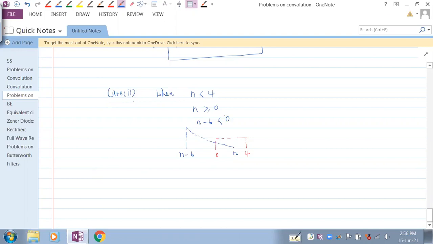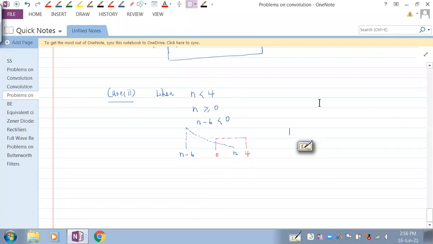Everybody understand that? Which case is this? When n comes and stands, when n is greater than or equal to 0, there is overlap. So that means n is also less than 4. Or in other words, this n minus 6 will always be less than 0 when n is greater than or equal to 0 and less than 4.